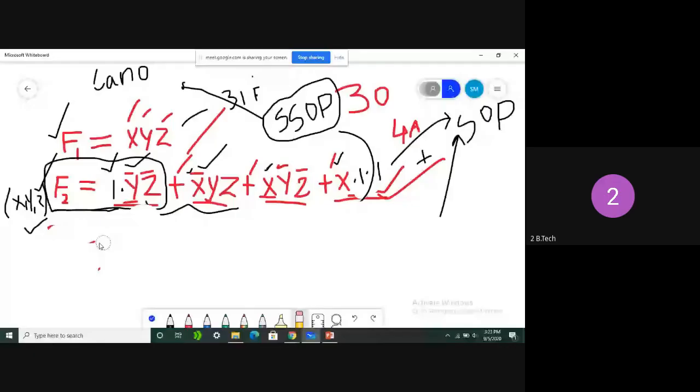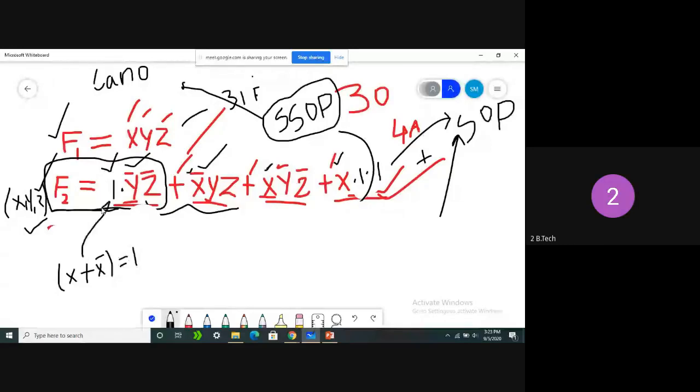From Boolean theorems, what we learn is X plus X bar. Can you tell me its value? 1, sir. Very good. Its value is 1, so this 1 is replaced by this term.